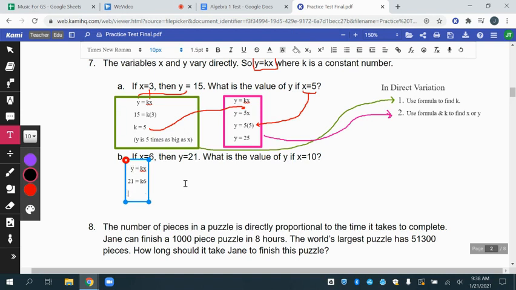Well, that's going to be a kind of ugly number, isn't it? Let's figure out what that is. I'm going to divide both sides by 6, like I did in the past. K equals 21 divided by 6.